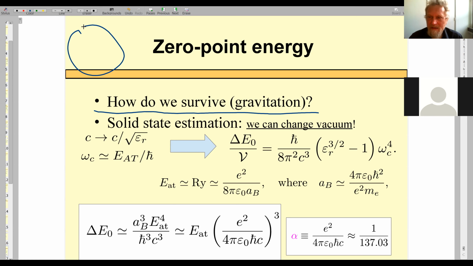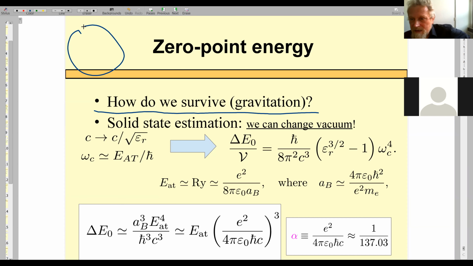Each bosonic particle has a fermionic counterpart. And one can show that as far as zero-point energy is concerned, fermions add the same contribution with minus sign.